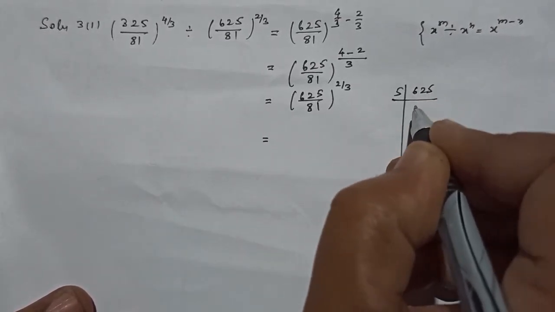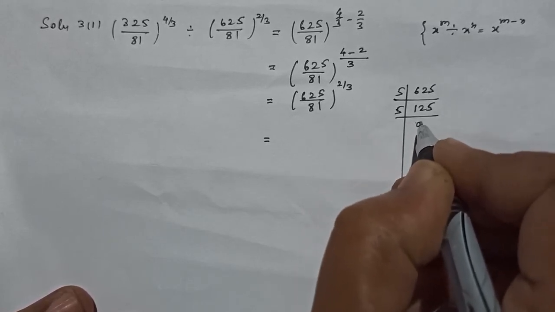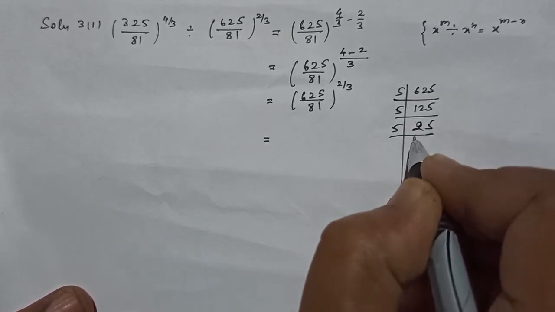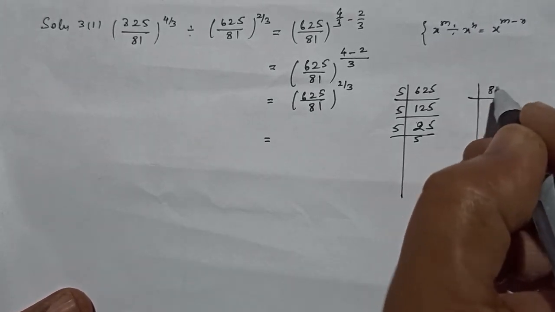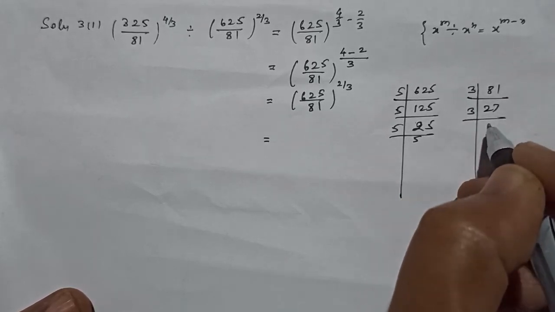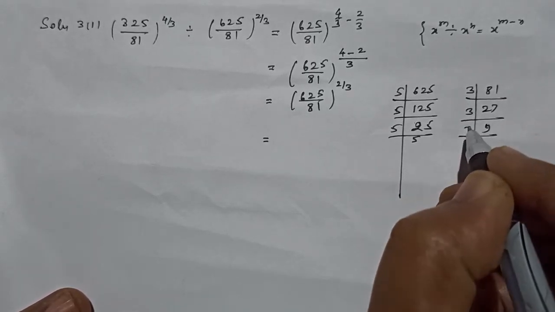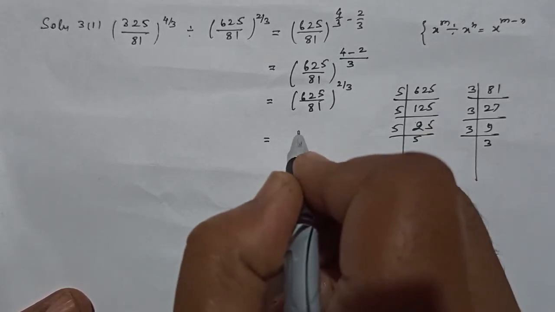625 divisible by 5, divisible by 5. 81 divisible by 3, divisible by 3, divisible by 3. 1, 2, 3, 4.